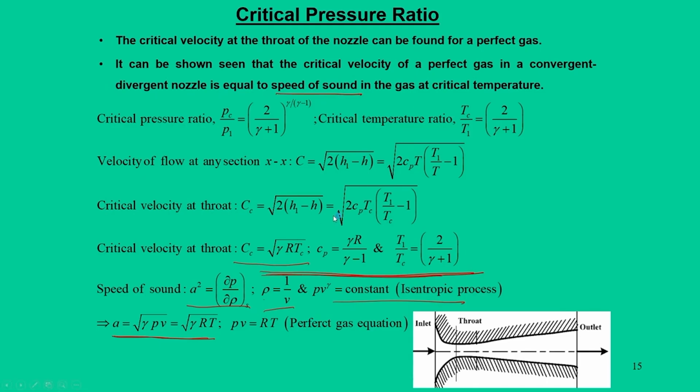We will stop our discussion by considering that we are only bothered about two things. One is what happens at the inlet conditions, where typically C1 tends to 0 and the initial conditions P1, specific volume 1 and temperature 1 are given. The other is the throat conditions, where we have a minimum area, and properties are defined by the critical pressure, critical temperature, critical specific volume, followed by the critical velocity.